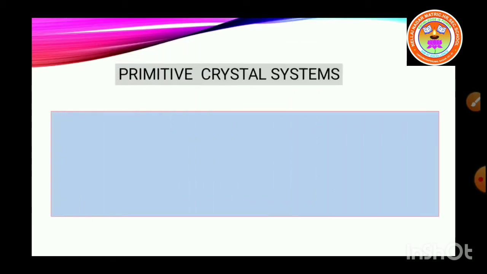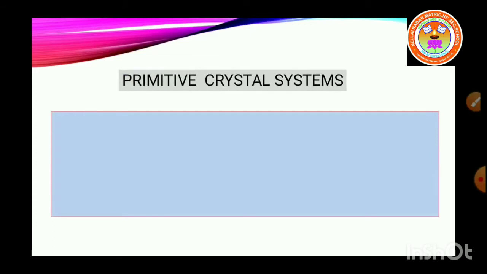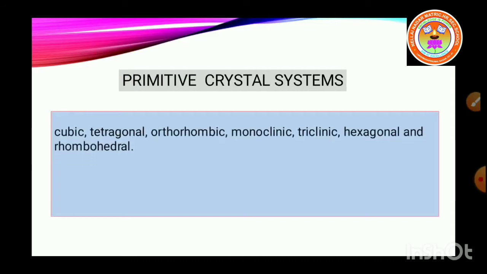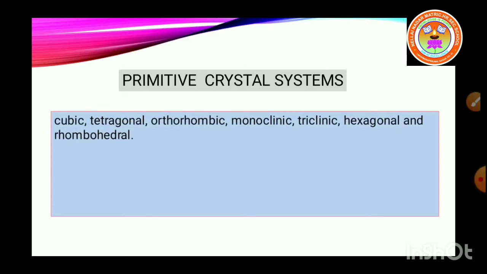Yes, the next one is, see here, there are 7 primitive crystal systems. What are the 7 crystal systems? One is cubic, second is tetragonal, third is orthorhombic, fourth is monoclinic, fifth is triclinic, sixth is hexagonal, and the last, seventh one is rhombohedral.